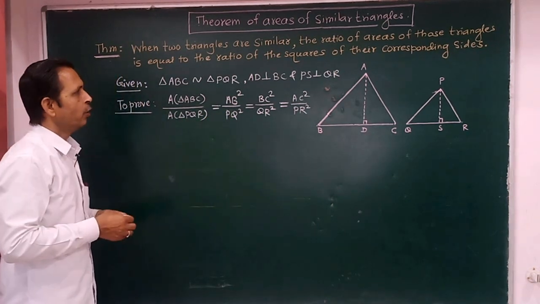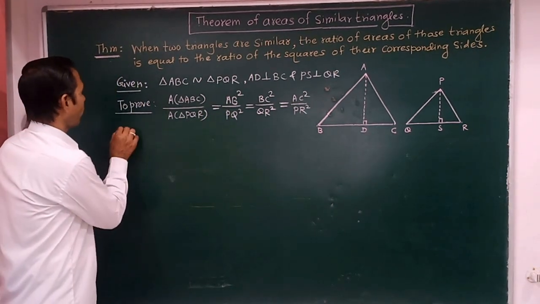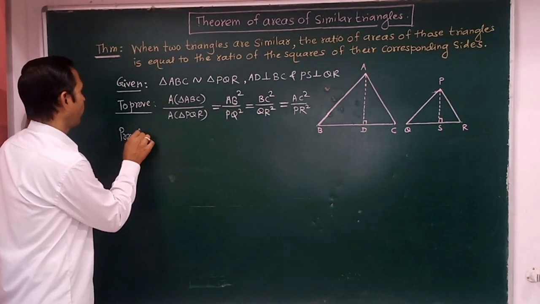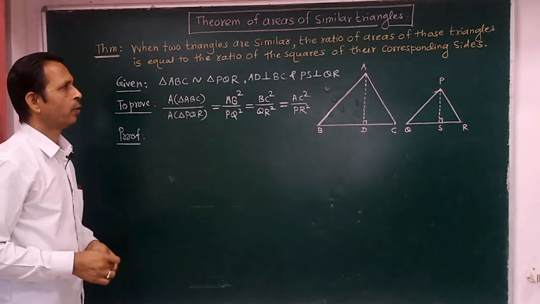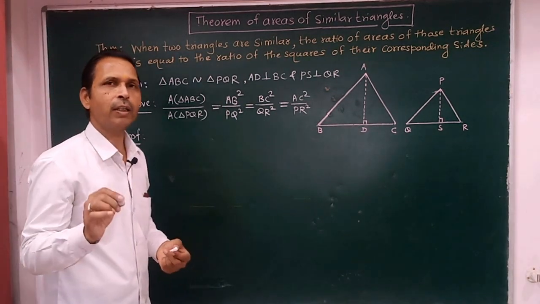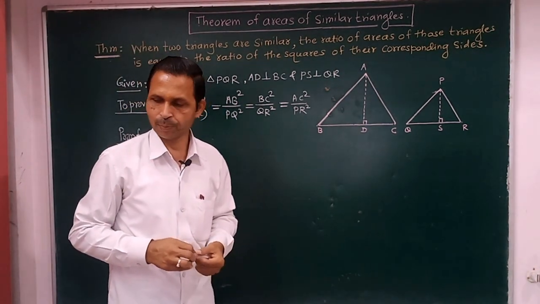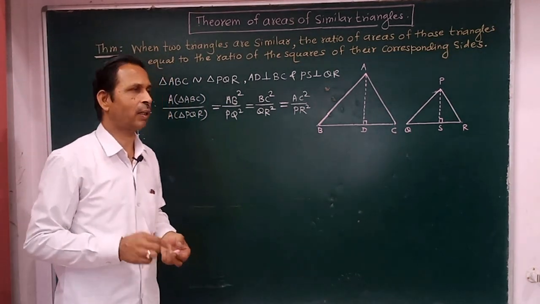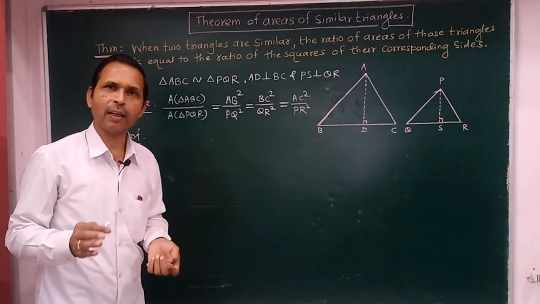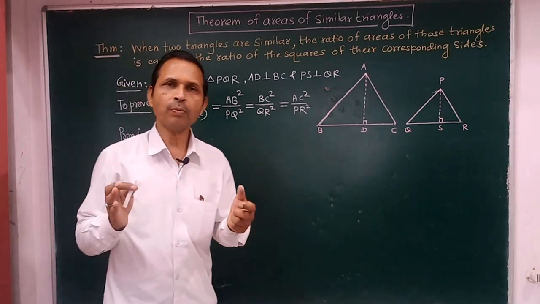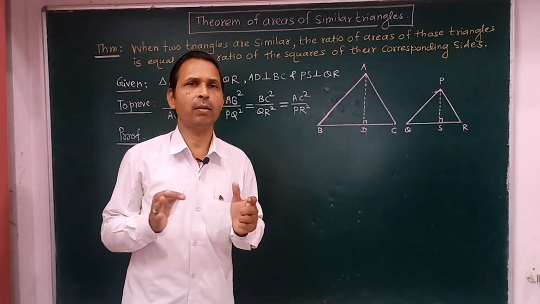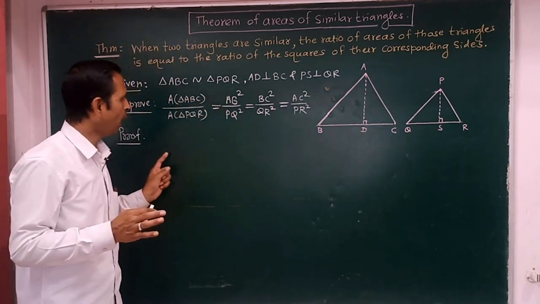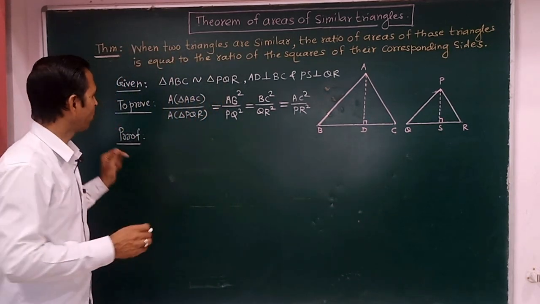And that is why, to prove this theorem, we have to write here: proof. First we are given that the triangles are similar, and we know two statements for similar triangles. When the triangles are similar, the angles are congruent and the sides are in proportion.